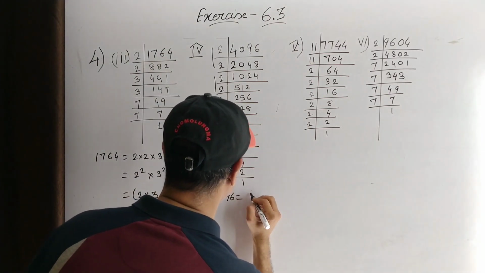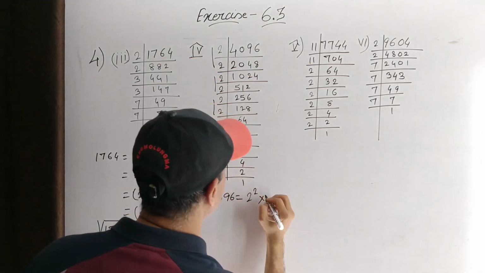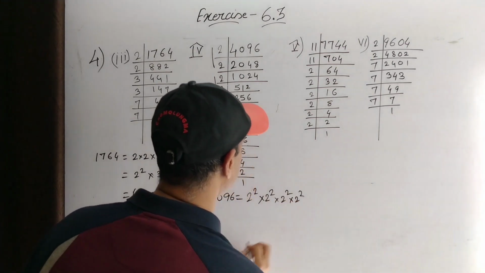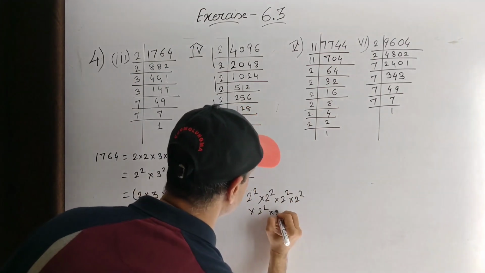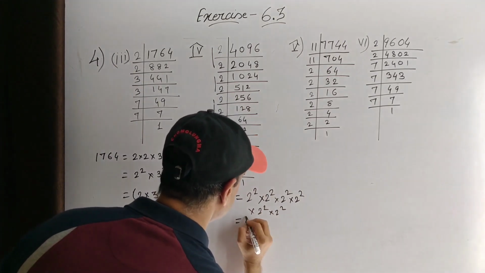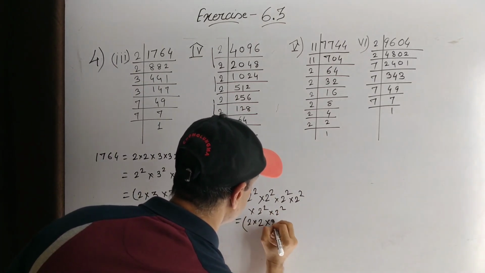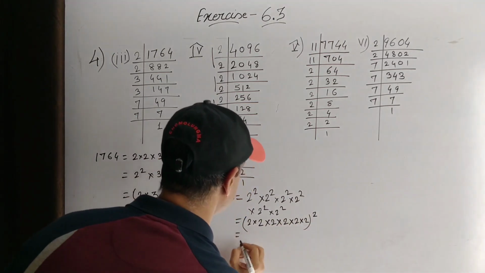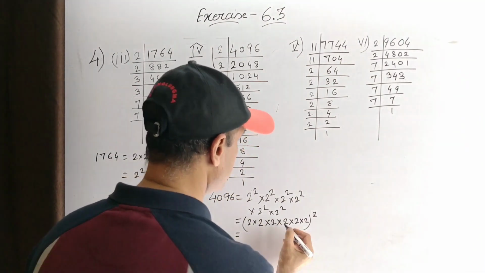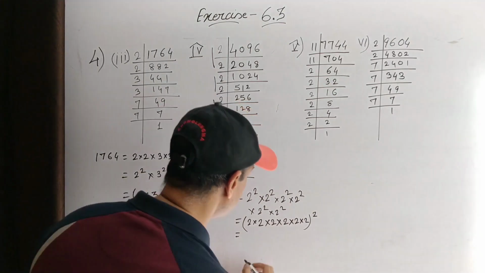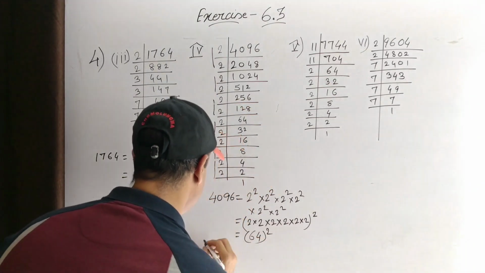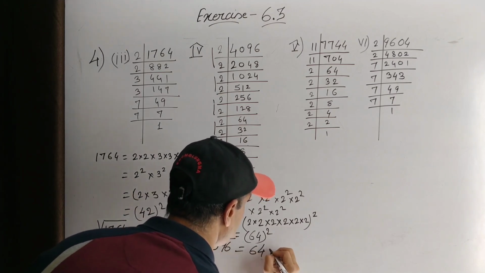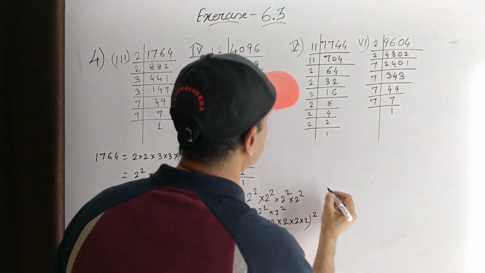So we can write this as 2 square into 2 square into 2 square into 2 square into 2 square into 2 square, and this equals 2 into 2 into 2 into 2 into 2 into 2, 1, 2, 3, 4, 5, 6, whole square, and this is 2, 4, 8, 16, 32, 64 whole square, and we get the under root of 4096 is equal to 64. Clear?